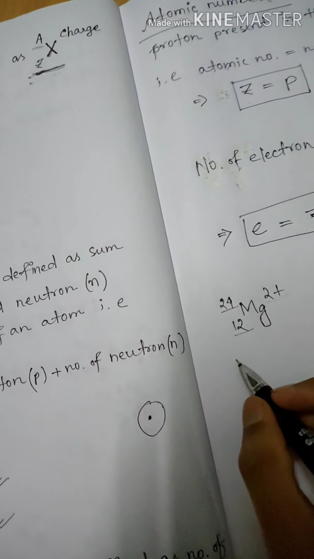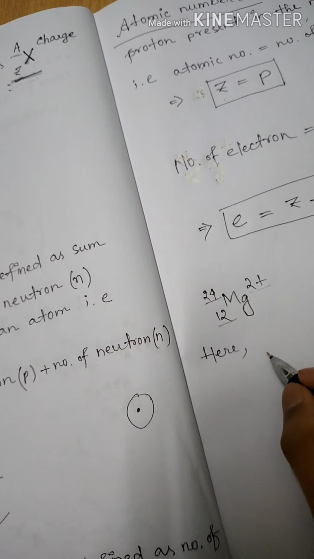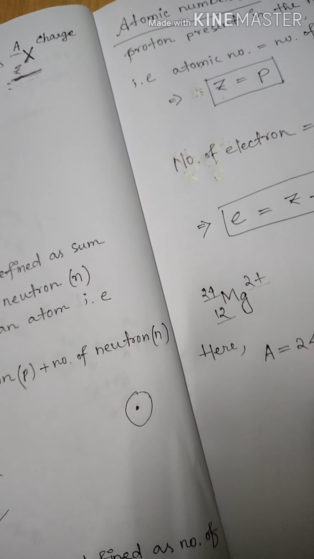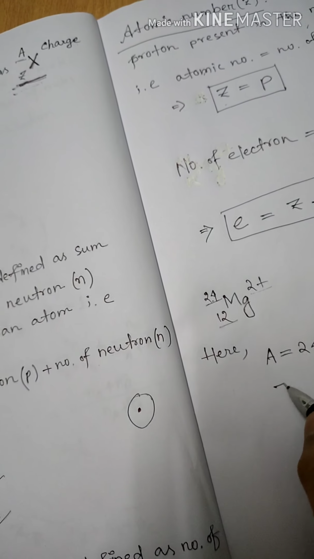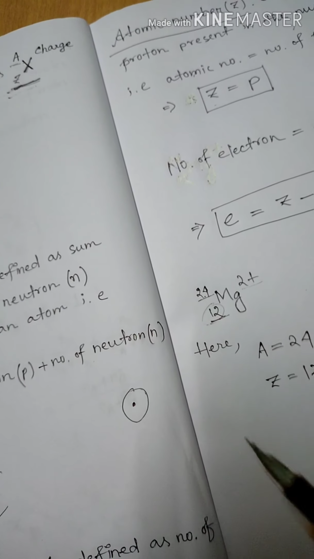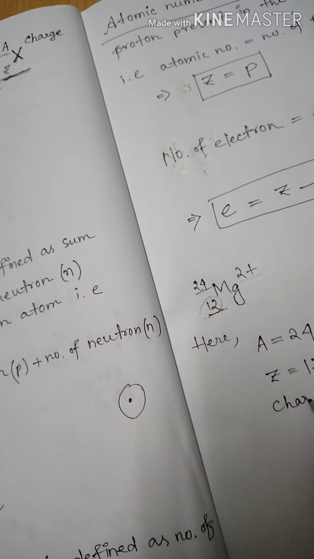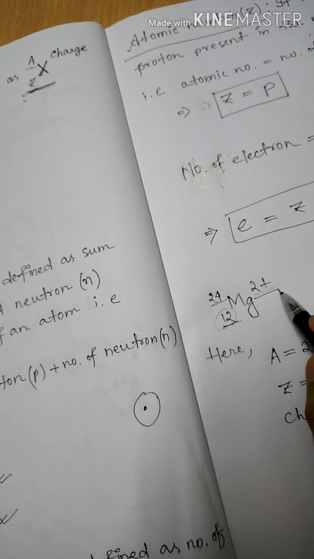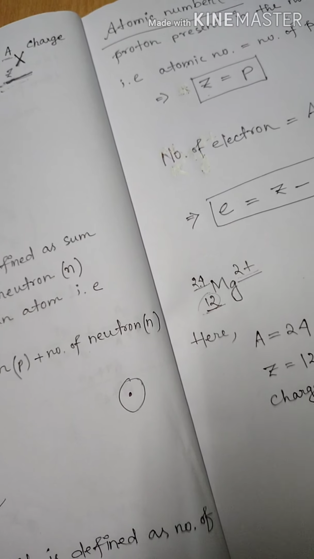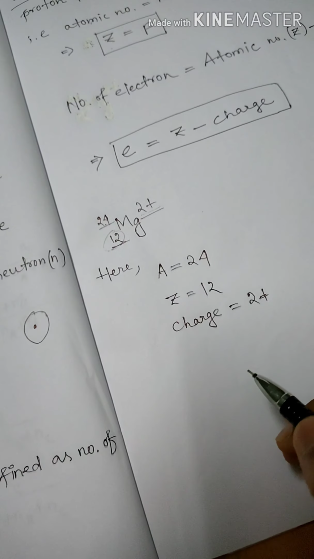First write here: A means mass number, which is 24, and Z is 12, the atomic number. And the charge of this atom is plus 2.